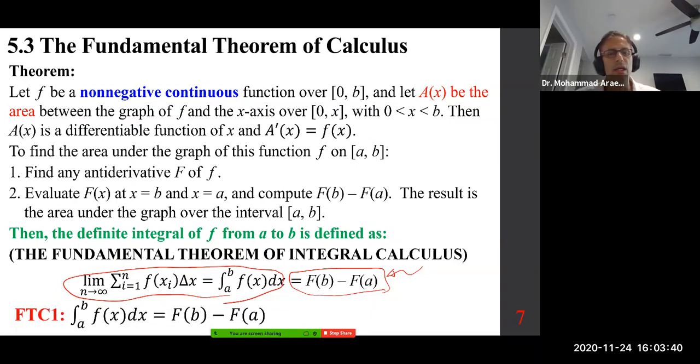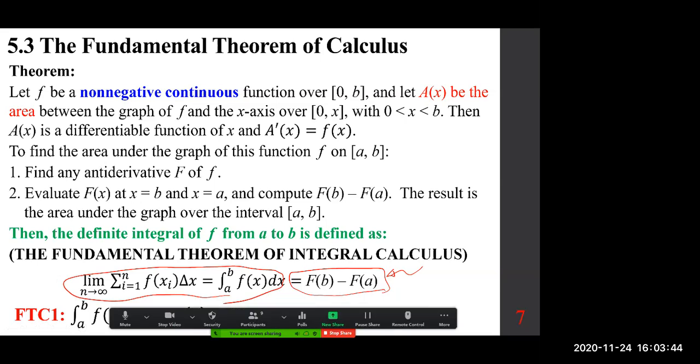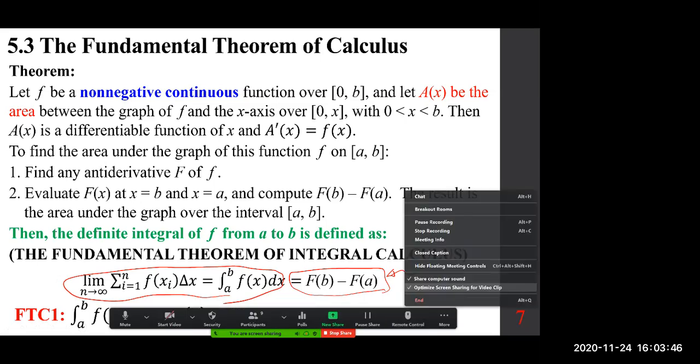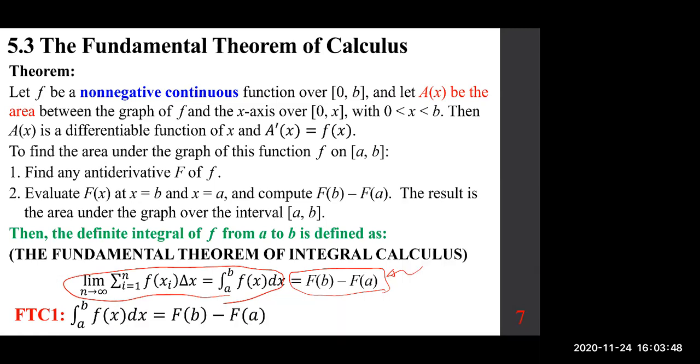And so FTC1, okay, let me just do this. FTC1 is the first one, which says the definite integral of f of x dx from a to b is capital F of b minus F of a. And the second one, or FTC2, the derivative of the integral from a to x of f of t dt equals f of x.